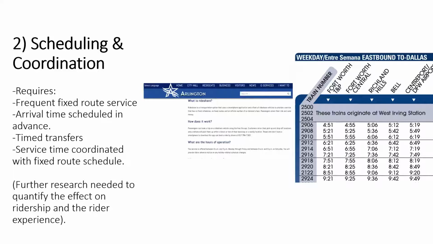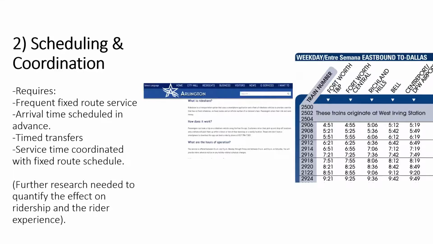For example, if you're taking the app-based service to get to the train, and the service sometimes takes 5 minutes to come, sometimes takes 30 minutes to come, it's hard to predict when to call the vehicle so that you can arrive at the train on time, or conversely, so that you don't end up spending an hour waiting for the train.